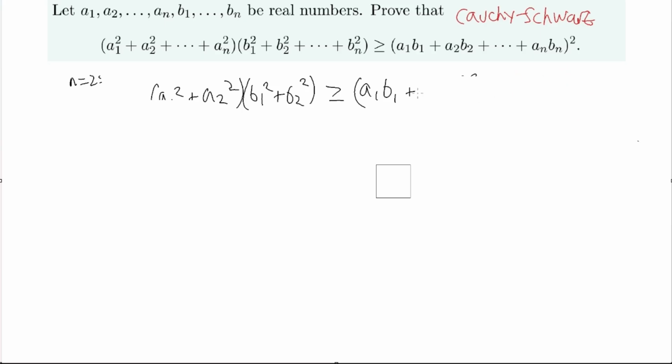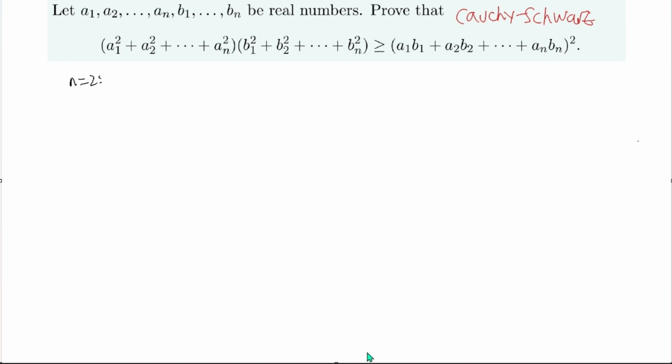And from what it seems like, expanding out both sides will do the trick. So let's go ahead and do that now. So this left-hand side becomes a1 squared b1 squared plus a2 squared b1 squared plus so on and so forth plus an squared b1 squared.